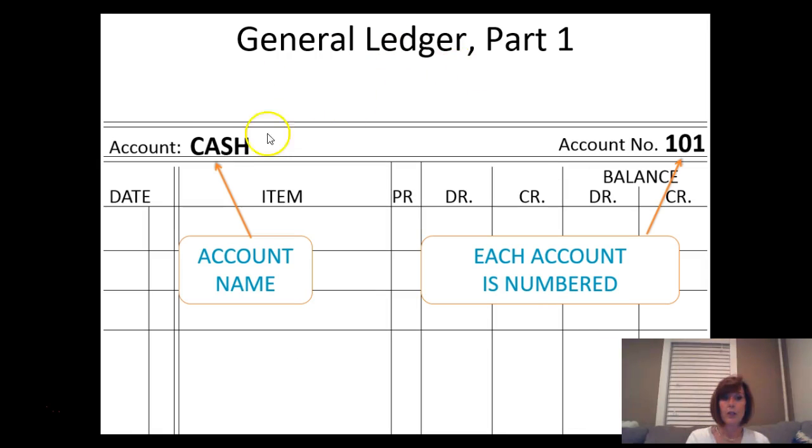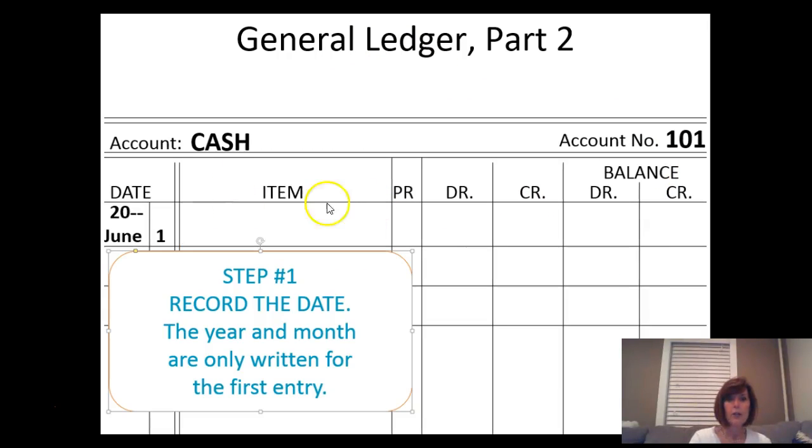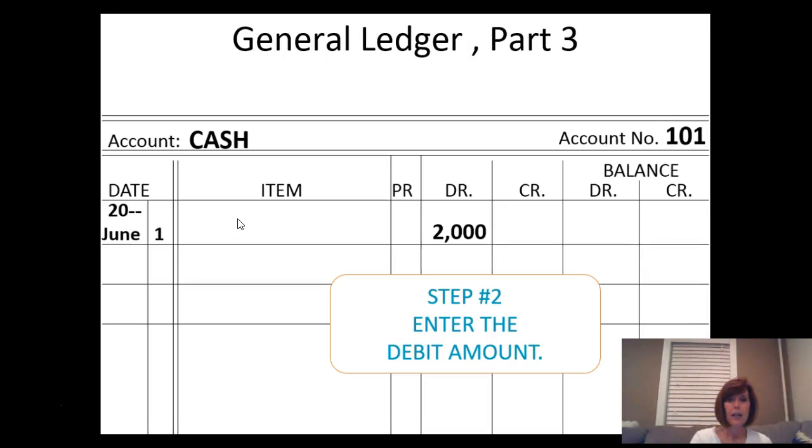In the general ledger we have cash and the account number for cash. Remember back in the last video we looked at assets being numbered starting in the 100 series. We've got the account name at the top, and then what we're going to do is carry the date over from the journal and show this was a debit transaction for cash.